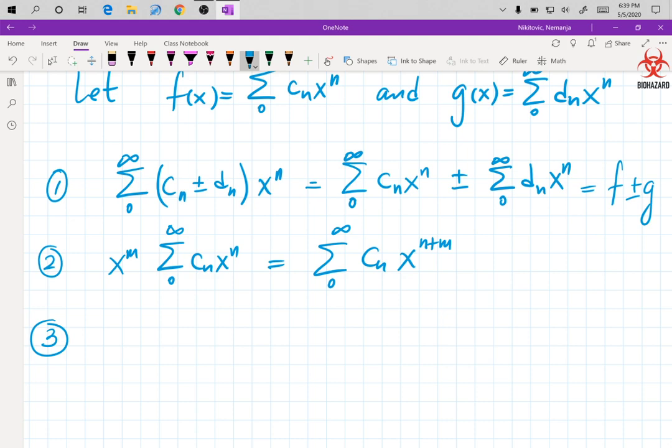And here's the biggie. This is the one that we are also going to use in 10 minutes, and also people in differential equations. It's function composition, which means that you can import the entire function inside the power series.